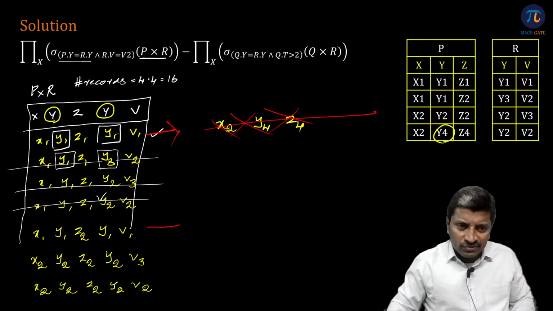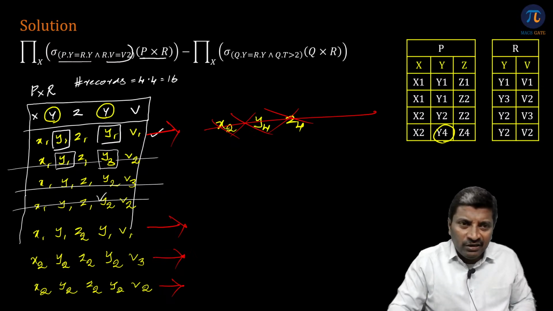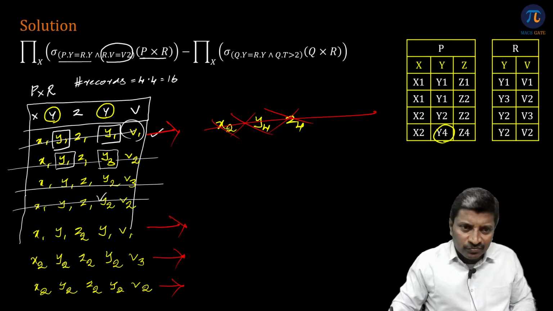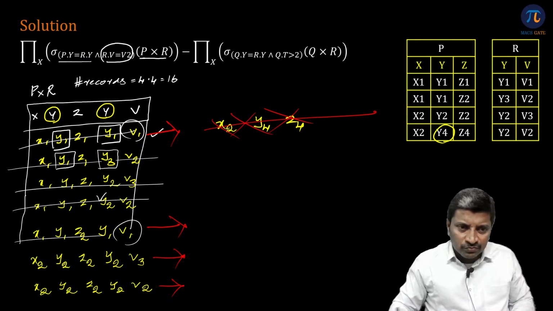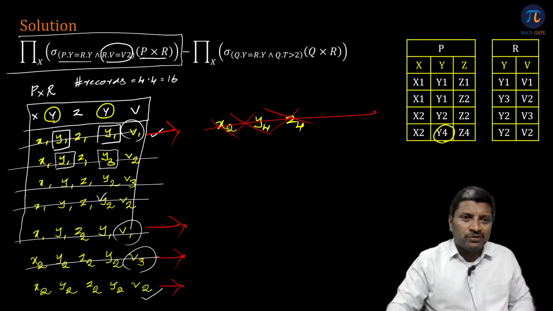First record, second record, third record, fourth record. From this, again I have one more condition. What is the condition, sir? RV equal to V2. That is, V attribute value must be V2. It is not V2, sir. Please check it. It is also not V2. It is also not V2. It is V2.